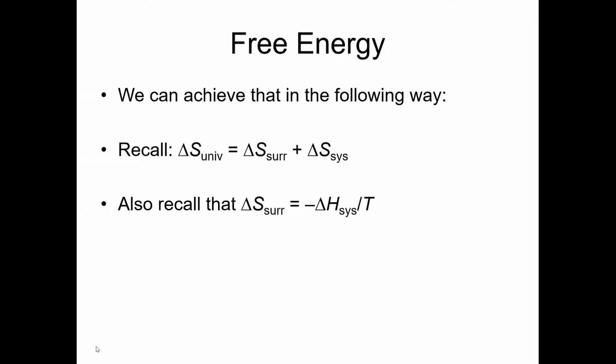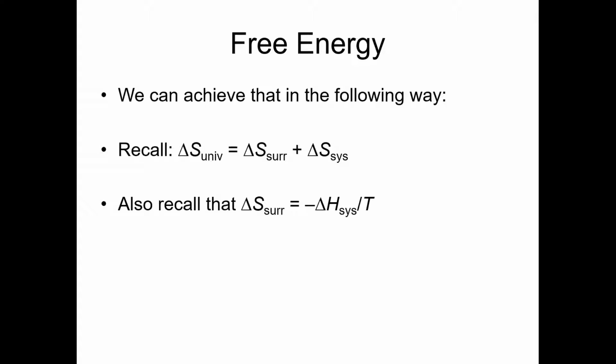And so recall that if delta H is negative, if we have an exothermic reaction, delta H is going to be negative, and negative negative is a positive, and the entropy of the surroundings goes up. And that makes sense because an exothermic reaction is heating up the surroundings and increasing the entropy of the surroundings.